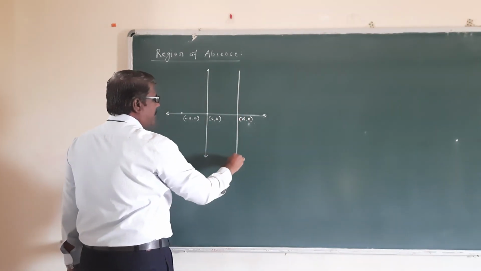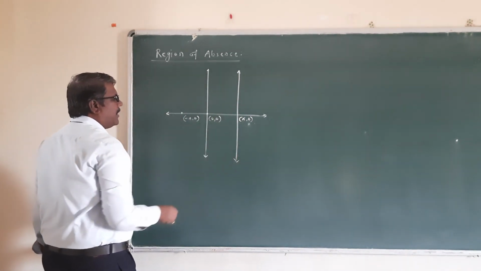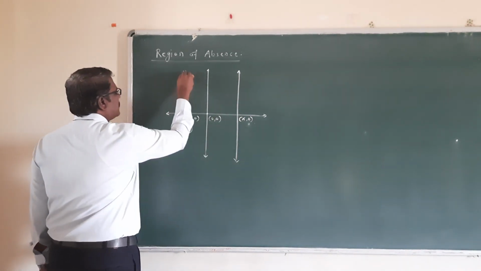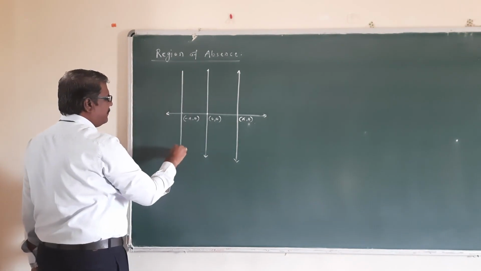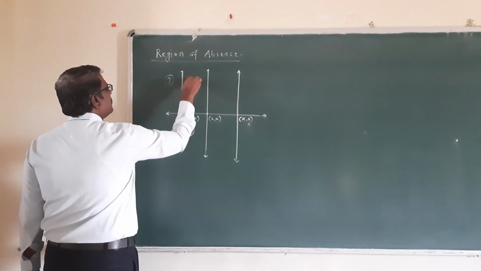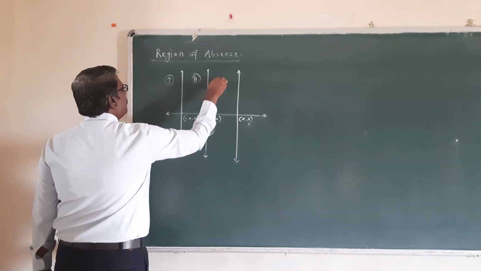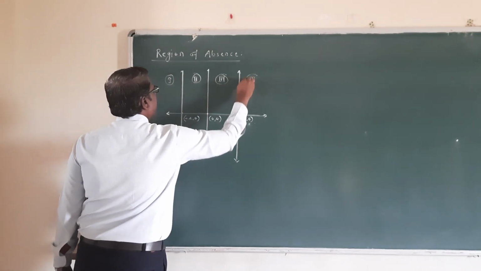But here the points are on x-axis. Therefore, we have drawn the partitions parallel to y-axis. So, total 4 partitions we will get. This is first, this is second, now this is third, and this is fourth.